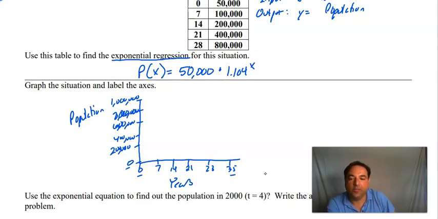My y-axis is going to go from 0 to 1 million, counting by 200,000s. Now, I could sit here and plot each one. So 0 is 50,000, 7 is 100,000, 14 is 200,000, 21 is 400,000, 28 is 800,000. And you kind of see that exponential curve going on, so we can do it like that, and we could do it in the calculator.